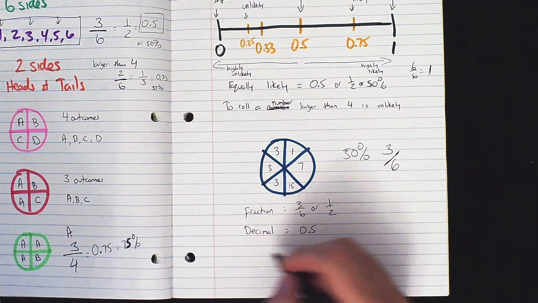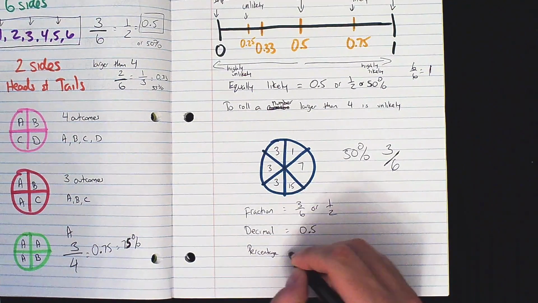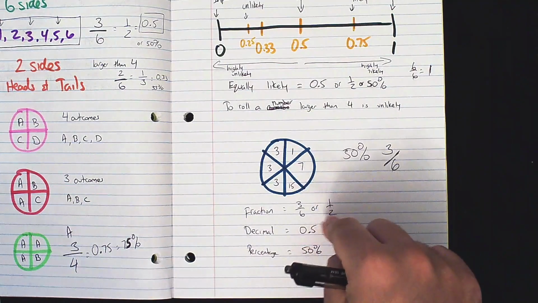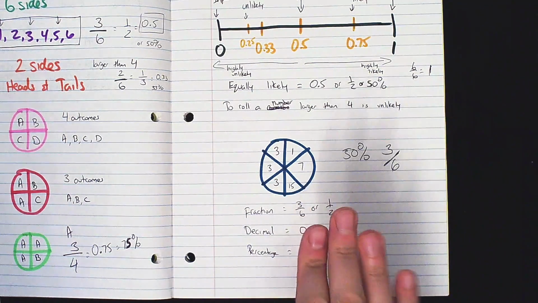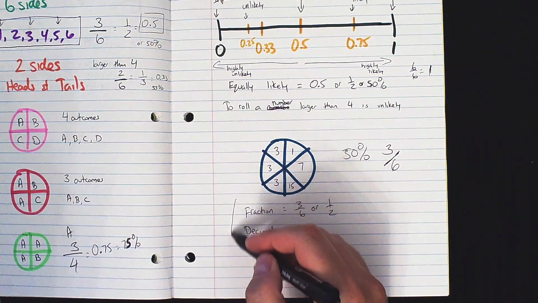You will also see it written as a percentage. There are plenty of videos that show you how to do this from the previous unit. This is why you needed to do all that work prior to this video. So this is how we measure probability.